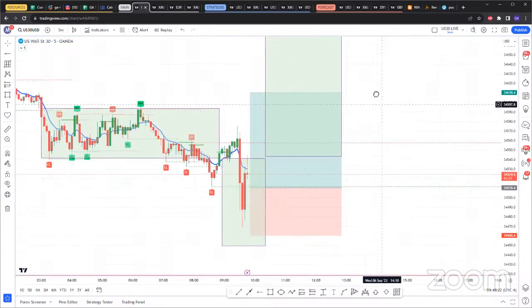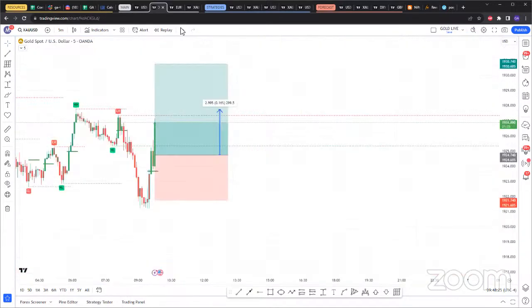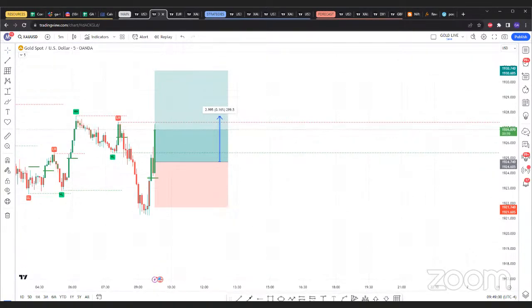All right, gold is almost at a 1:1. So if we win this trade, we make a quick 1.5%. Yeah, and literally my charts are all frozen. So just monitoring this on the phone.